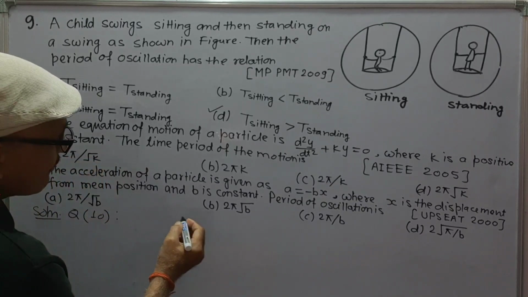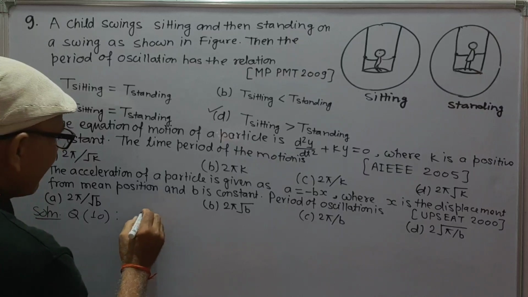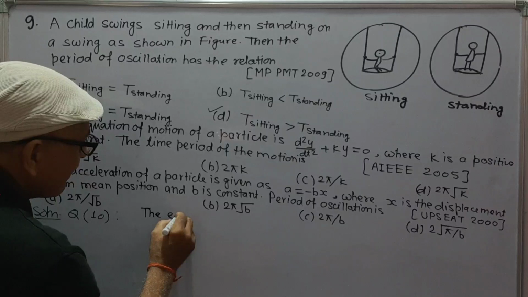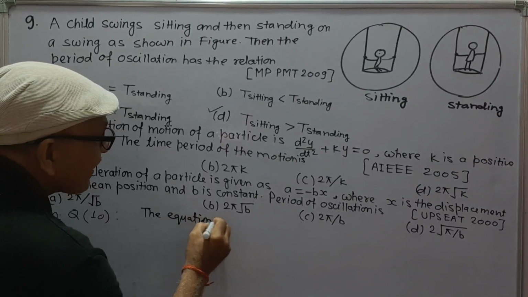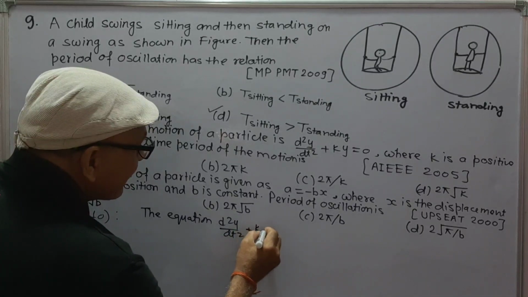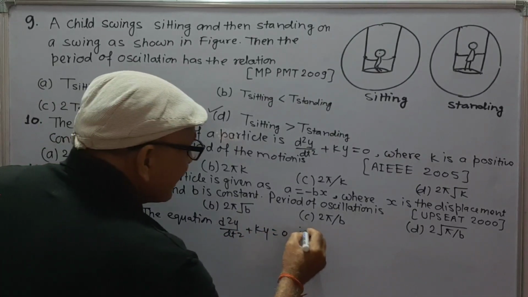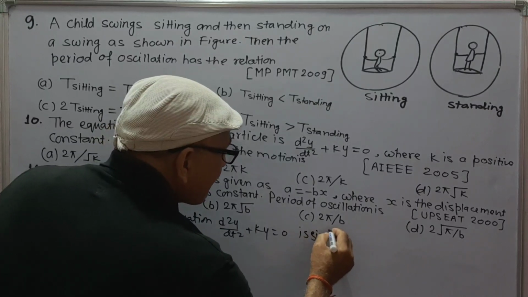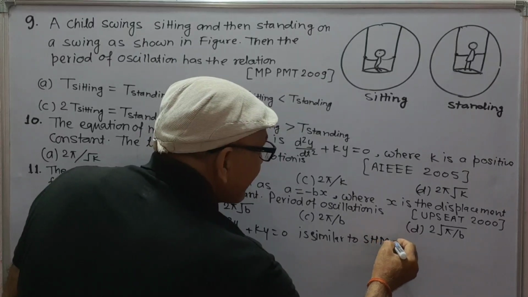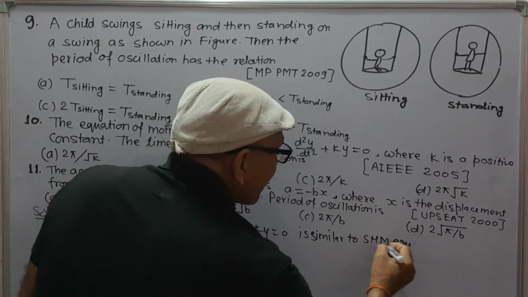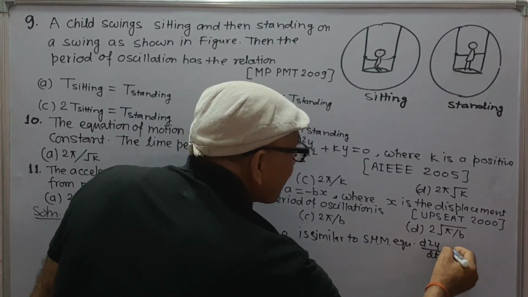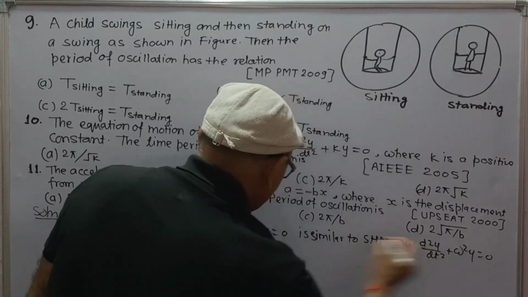Here the given equation d2y upon dt2 plus ky is equal to 0 is similar to the simple harmonic equation d2y upon dt2 plus omega square y is equal to 0.